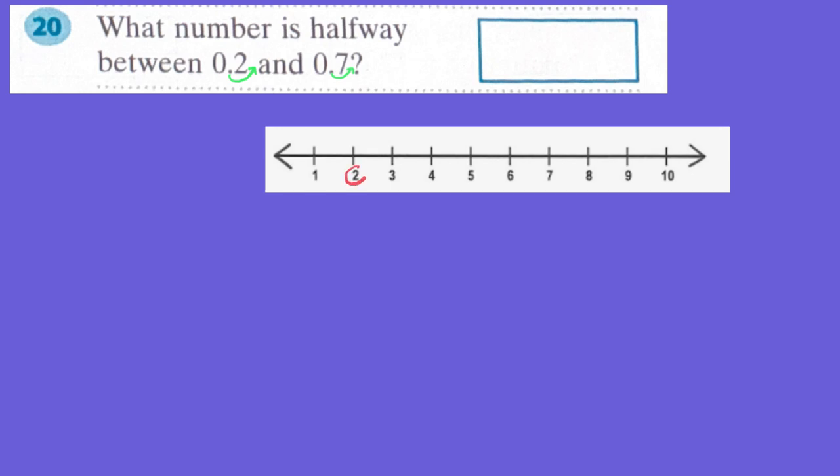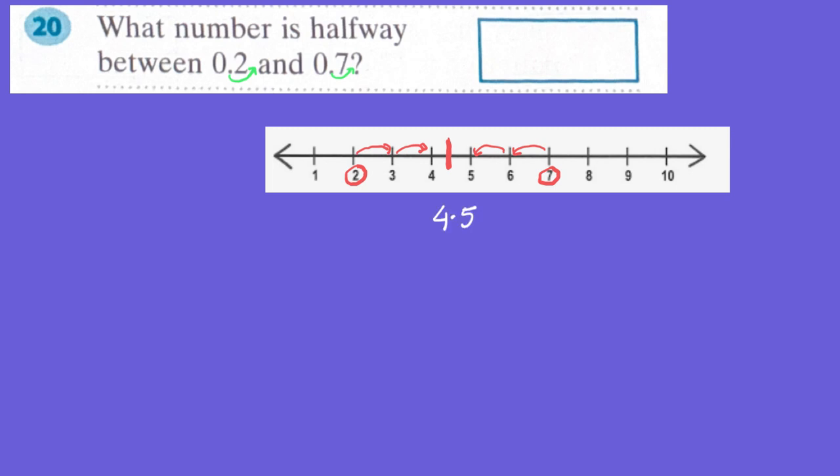And there's your 2, and there is the 7, and I want something halfway. So I'm going to go 1 back and 1 forward. 1 back and 1 forward. And here I have to meet in the middle. So my answer will be 4.5.